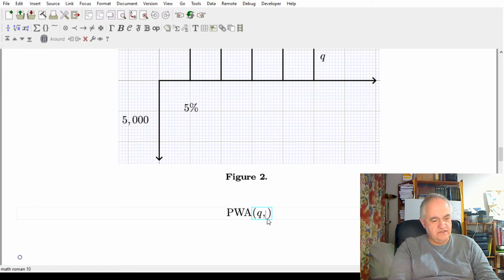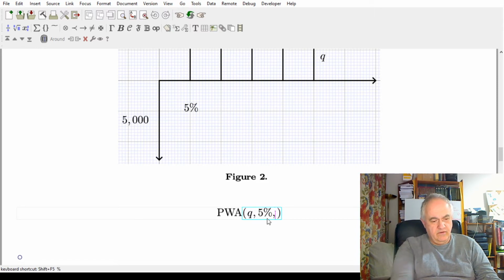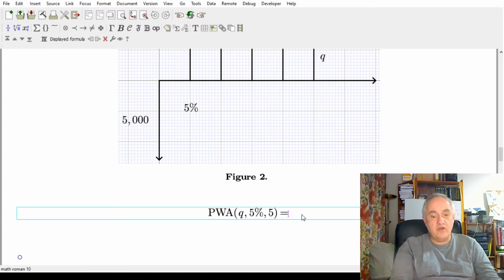The rate of interest is 5%. And there are 5 years. How can we compute this? Well, just as previous.